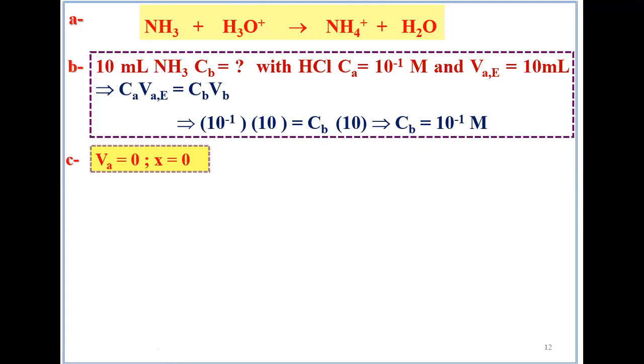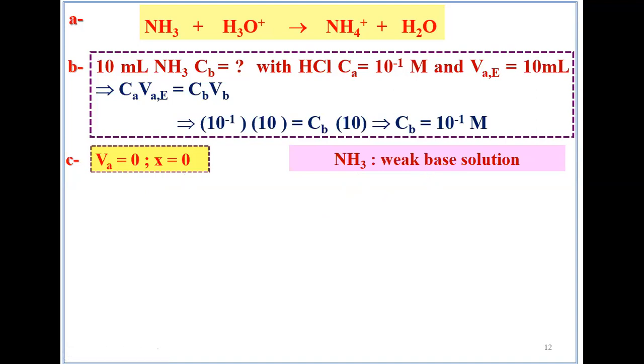Now they want us to calculate pH values at different volumes. Okay, so we're going to do that. When the volume of the acid added is 0, or x is also 0, if I haven't added anything, I only have what's in my beaker, and that's simply ammonia, a weak base.